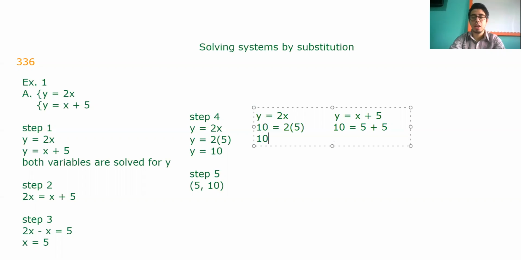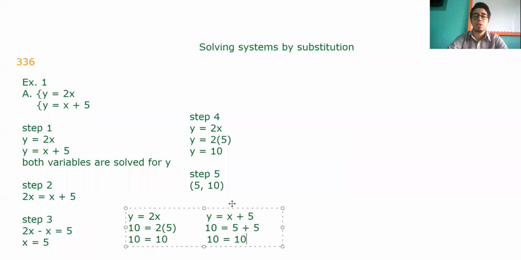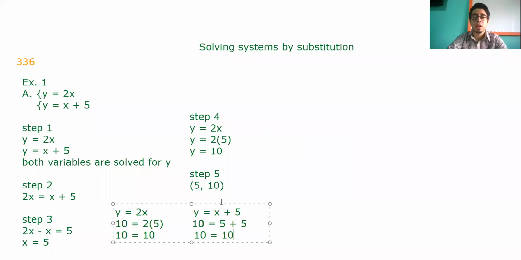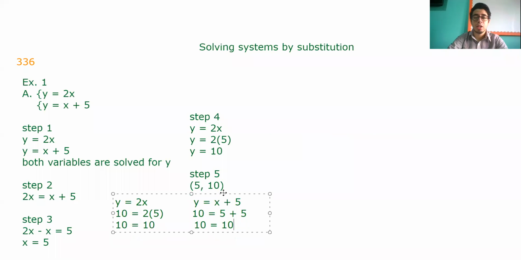So you have that 10 is equal 10 in this case, and in the other one you have the same, that 10 is equal 10. Okay, so what is the idea of this? You solve the exercise, but when you have the possible solution, in this case the ordered pair 5, 10, you prove it, and later what is the last step?